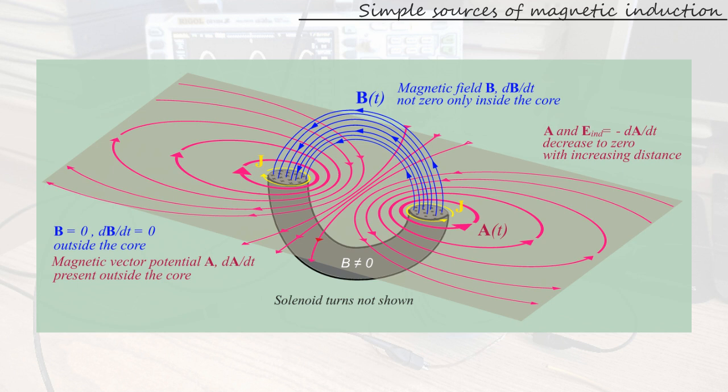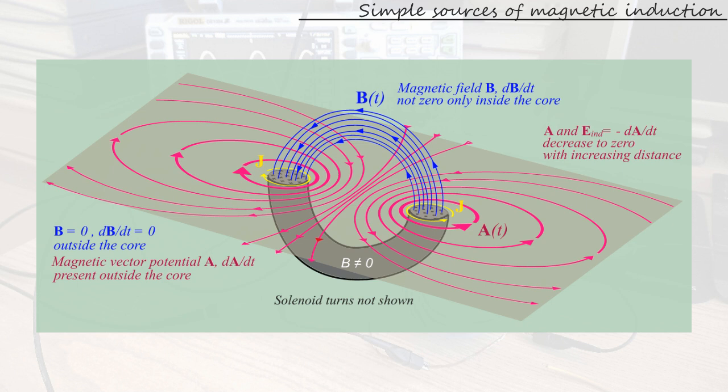This figure shows the perfectly confined magnetic field lines for a toroidal sheet of current along with a slice of the field lines of A curling around them. For clarity, I have not been showing the lines of A inside the core.